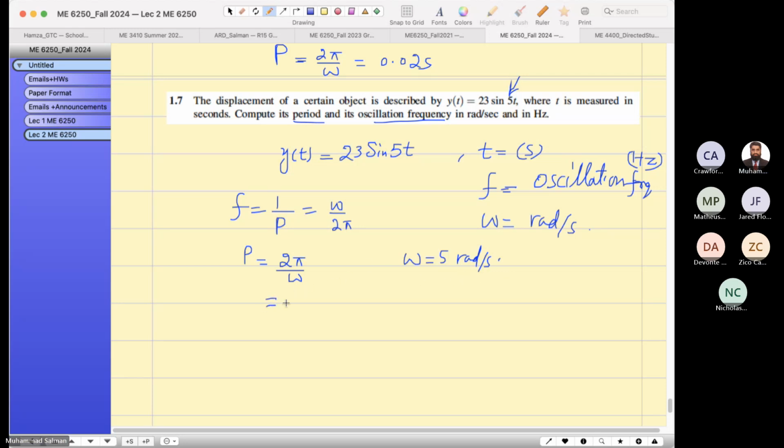So what is the time period? It is 1.257 seconds. This is the time period of this oscillation. And the other thing is the oscillation frequency, 1 over time period, is 0.796 hertz.